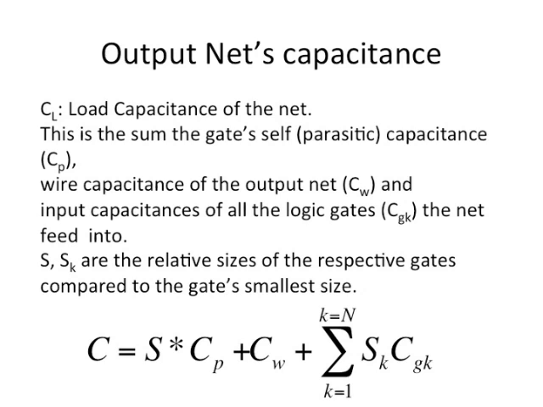Now if you look at the capacitance of the net, we have this logic gate, which in that example I showed as an inverter, but it can be any logic gate. It drives some capacitance which consists of its own parasitic capacitance.